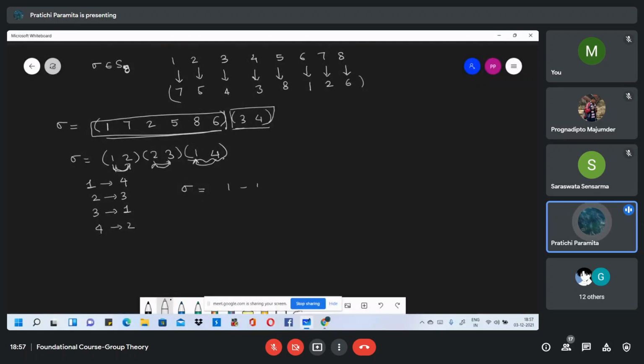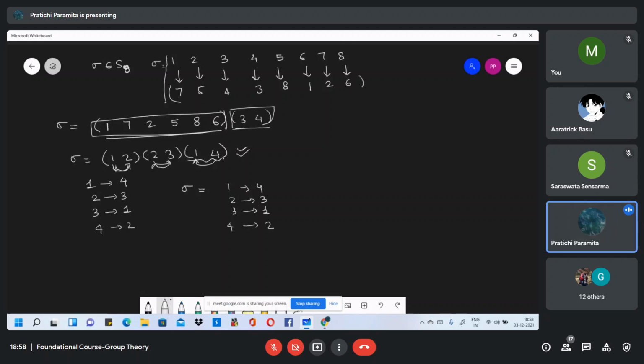So sigma is basically taking 1 to 4, 2 to 3, 3 to 1, 4 to 2. We can have such representations, but if we use this algorithm to write sigma in cyclic notation, then I will always get disjoint cycles. Is that fine? Yes, it's fine.